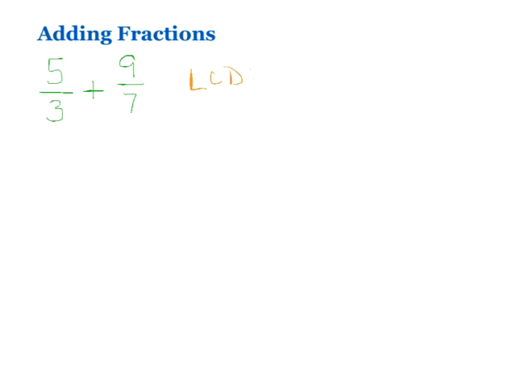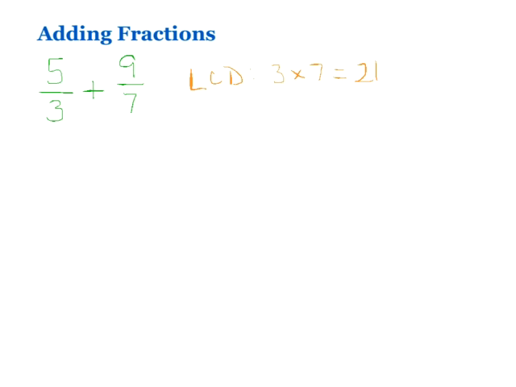Now, in a case like you see here, where we just have the 3 and the 7, 3 and 7 have no common factors. So when there are no common factors, our LCD is simply going to be the product of those two denominators, which in this case will give us 21.